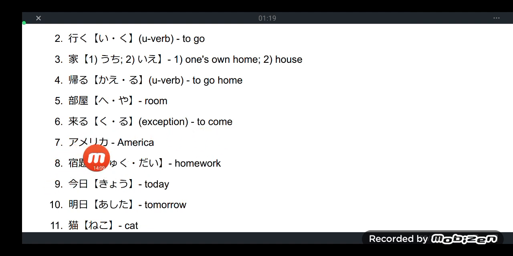Now this is transliteration. Remember, I've also mentioned in our basic lessons that katakana is not only used for onyomi, but katakana is also used for transliterations. Transliteration is when you use katakana to pronounce foreign words. English words are foreign words.